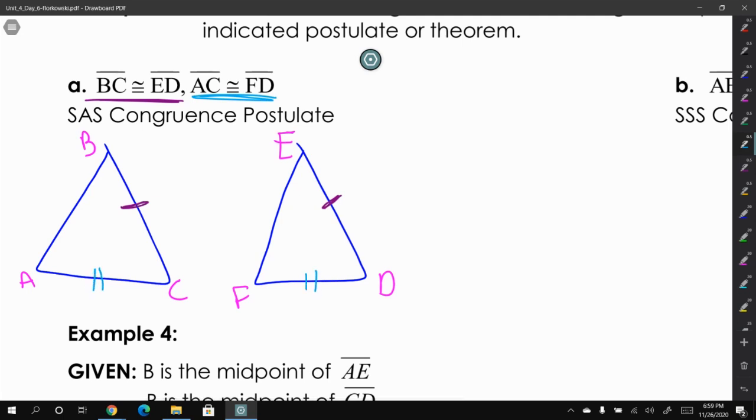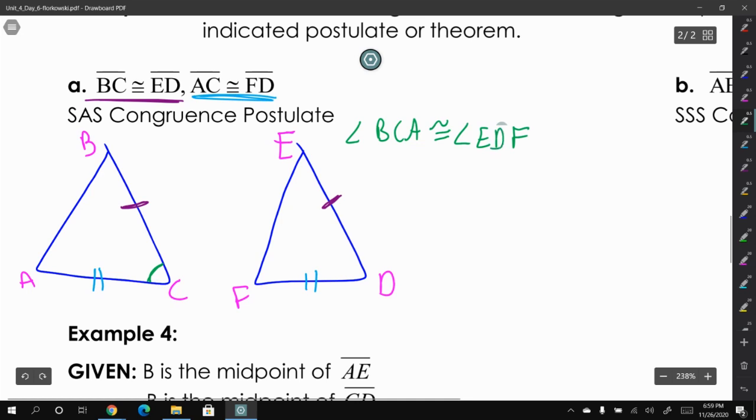So for these two triangles to be congruent by side angle side, the included angle would have to be congruent in both triangles, meaning that angle C would have to be congruent to angle D in the other triangle. We couldn't have angle C in the left triangle congruent to angle E or angle F. It has to be angle D. So we would have to have angle BCA is congruent to angle EDF.